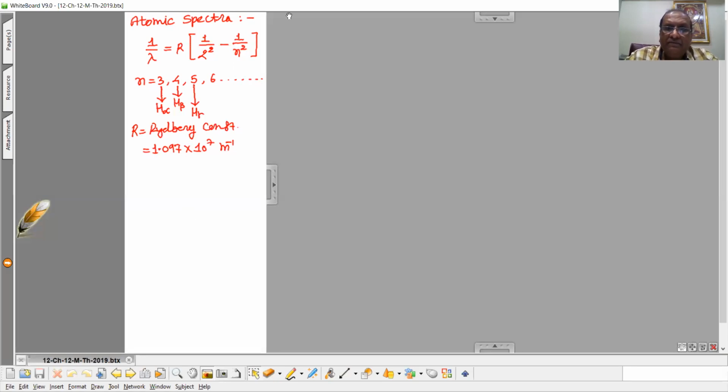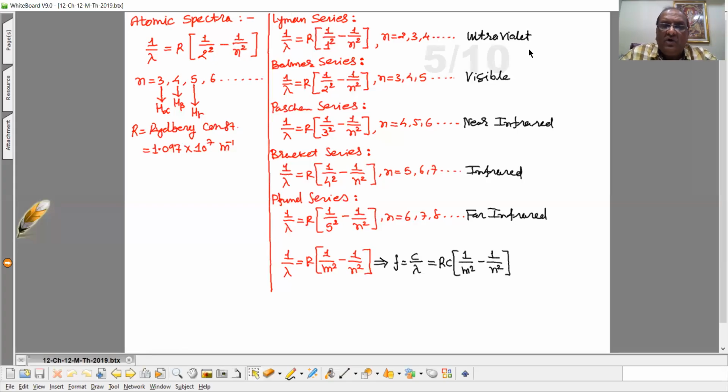First thing. After Balmer, so many scientists worked in that direction to study the atomic spectra. Scientist Lyman obtained one series in the ultraviolet region. The Balmer series was in the visible region.